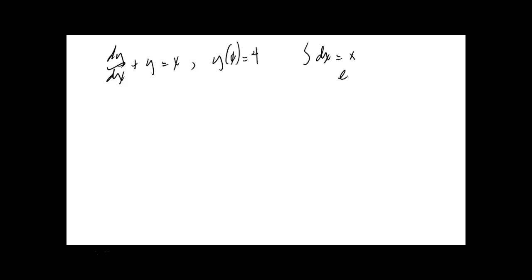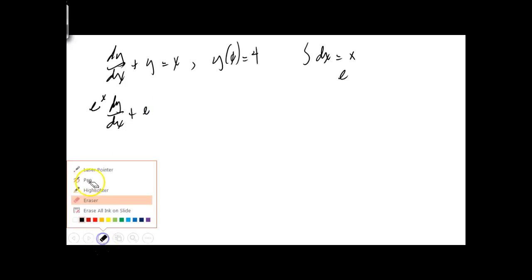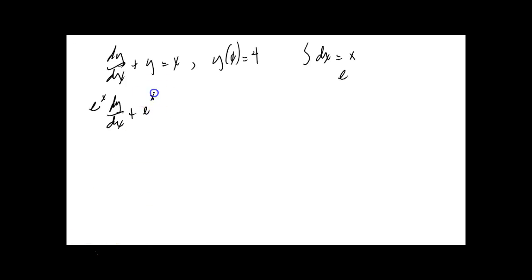That then becomes our integrating factor. So we have e to the x dy dx plus e to the x y equal to x e to the x. We just multiply through by the integrating factor.